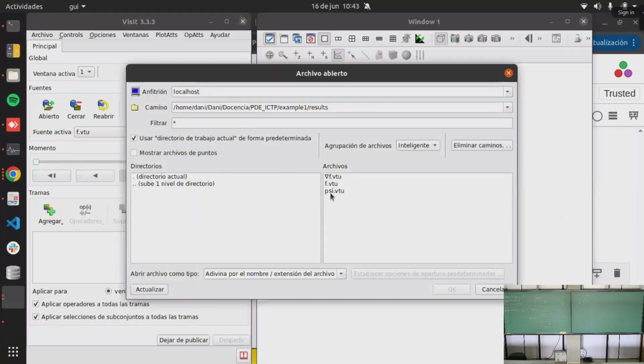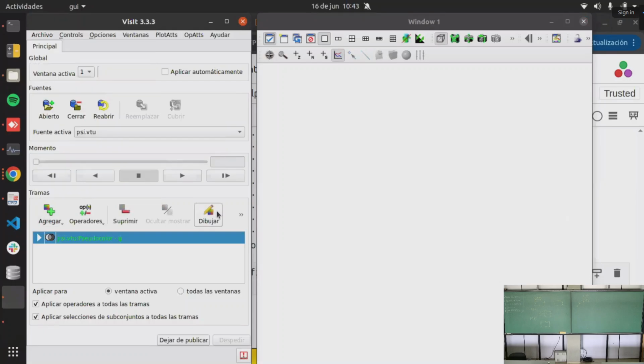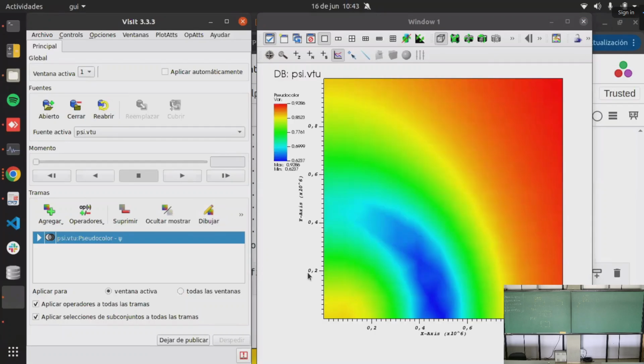We will open the file and, remember that it's a scalar field, so we can visualize it with pseudo color. And this is our conformal factor, the unknown function. The behavior is expected.